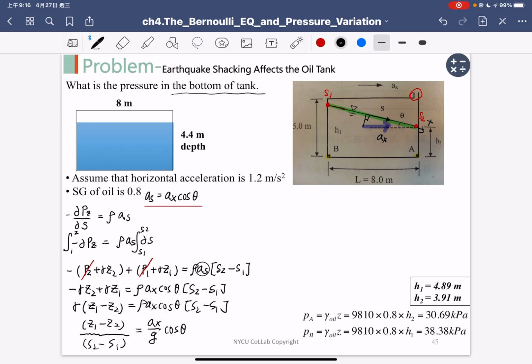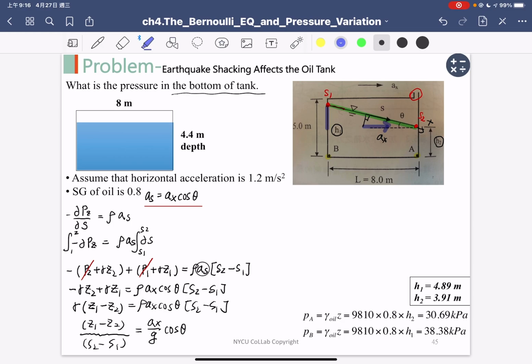And then you take a look at these problems. Z1, where is the Z1? The Z1 is here, and the Z1 actually is the H1, and the Z2 is the H2 here, right? So Z1 minus Z2 is equal to the length of the vertical difference.